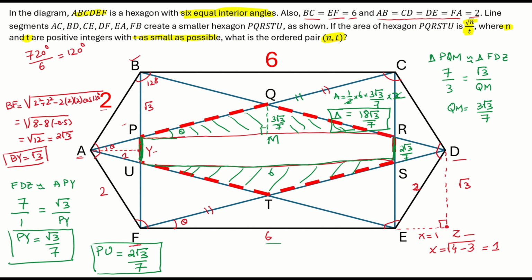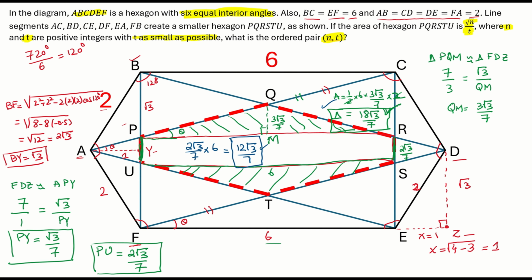Okay, now once we have this, let's figure out what will be the area of this rectangle here. So I have 2 root 3 over 7 times 6, that will be 12 root 3 over 7 here. Now we can combine both the areas.